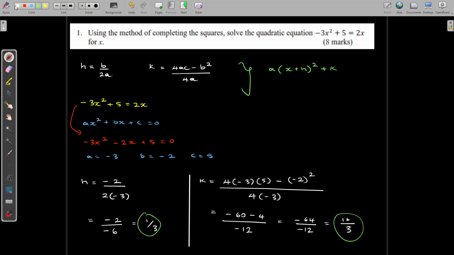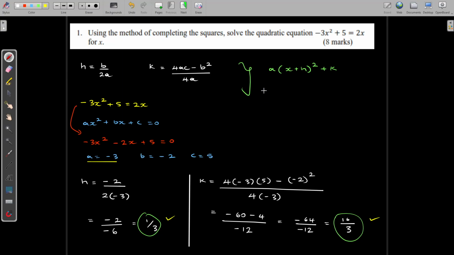Now to rewrite it in the form a open bracket x plus h all squared plus k, we look at the a from right here. So this is the a, this is the h, and this is the k. We're going to be substituting those values here.